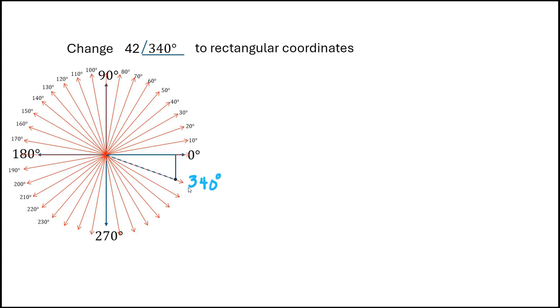So that's 340 degrees. We want to find the x, the horizontal coordinate, and the y, vertical coordinate, that go to that point. We came out from the origin, 42. And remember, these drawings don't have to be to scale. You just need to label them with the values.